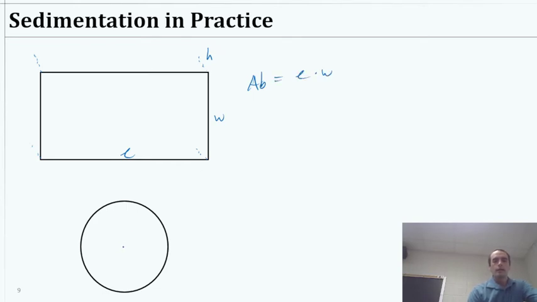And in the circular case, the area of the basin would be pi r squared, or if we were dealing with a diameter, pi diameter squared over 4. And this would be a top-down view.